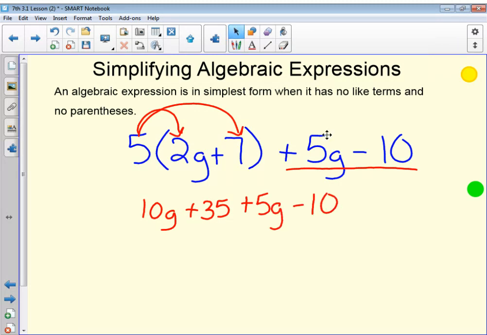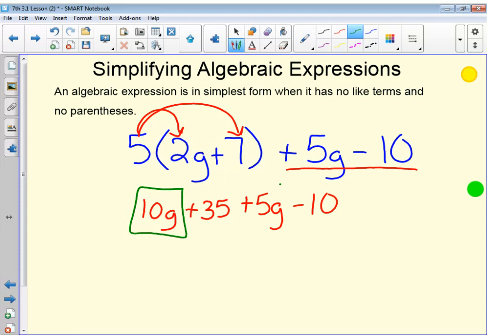Okay, so I'm going to go ahead and combine like terms. Here I've got a g, and here I've got a g. Remembering to include the symbol that's in front of each number, 10 plus 5 would give me 15g. And then for my constants, my non-variables, I have a 35 that's positive and a negative 10.